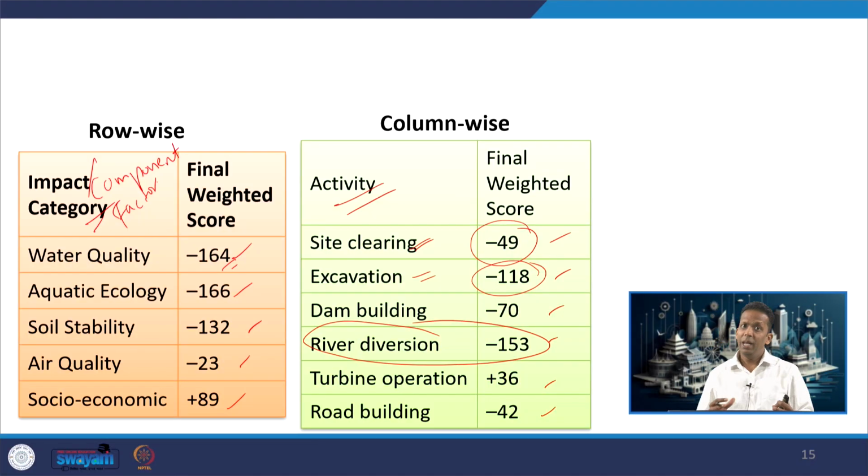Now, it may happen that this river diversion is directly connected to aquatic ecology, because aquatic ecology is the one which is mostly impacted, and this is the activity which generated most of the impact. So, this tells us where to focus our mitigation efforts. It is mainly because of river diversion that water quality and aquatic ecology got impacted. So, we need to do this river diversion very carefully, so that these impacts are minimized.